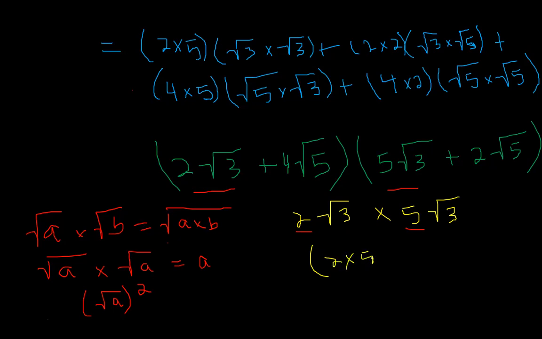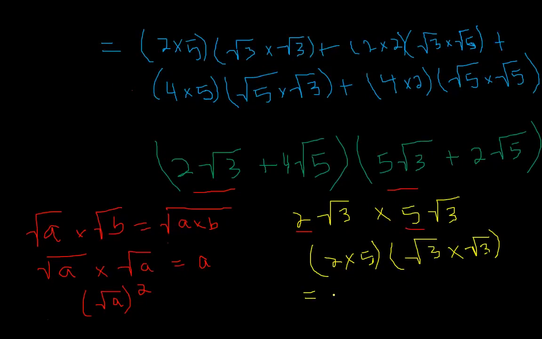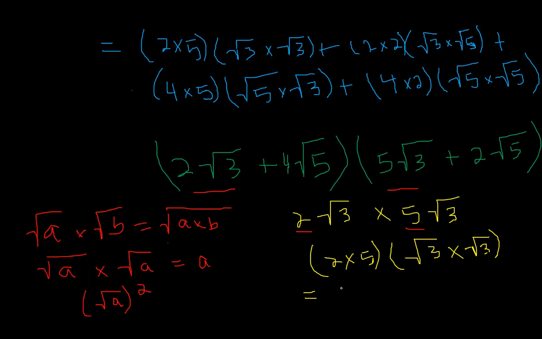And then the surds have to multiply by each other as well. So that's why I have root 3 times root 3. But we don't just leave it like this. We could simplify further. But let me just show you this one. So we know that 2 times 5 is 10.